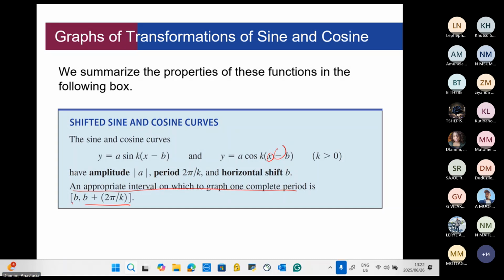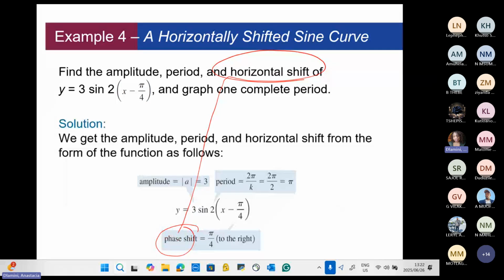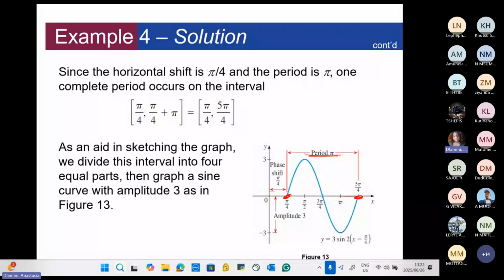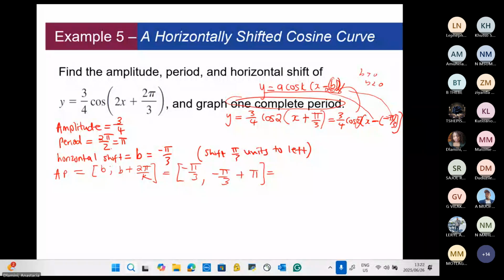After that, even if they didn't say sketch one complete period, you first draw one appropriate interval, then you extend to the left and extend to the right. But here they said one complete period, so we are drawing only one complete period for this one. But AP has to always be there.